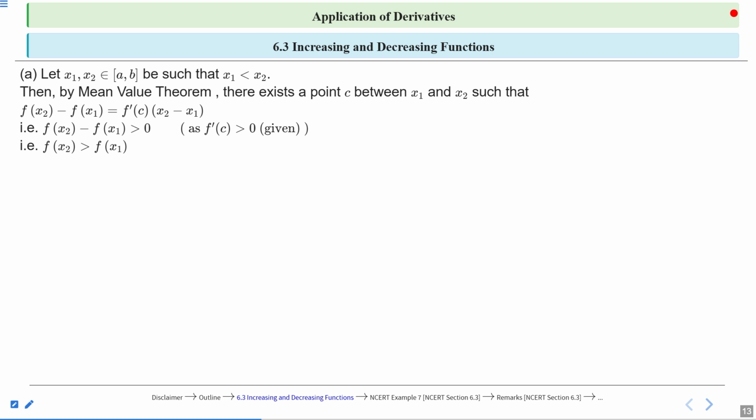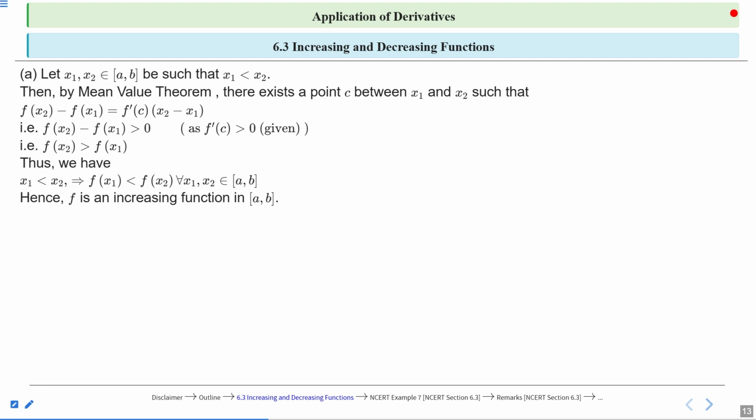Thus x1 less than x2 implies f(x1) less than f(x2) for all x1, x2 belongs to (a, b). Hence f is an increasing function in (a, b).